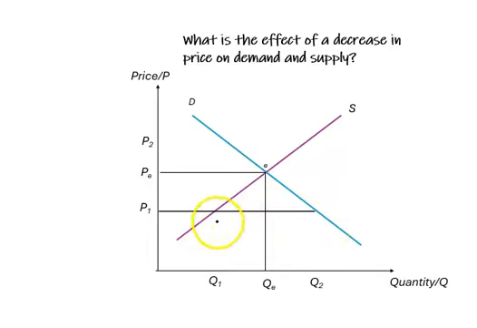And we can see that at P1, quantity supplied is at Q1 and quantity demanded is at Q2. So what is the effect? A decrease in price leads to a decrease in quantity supplied and an increase in quantity demanded.